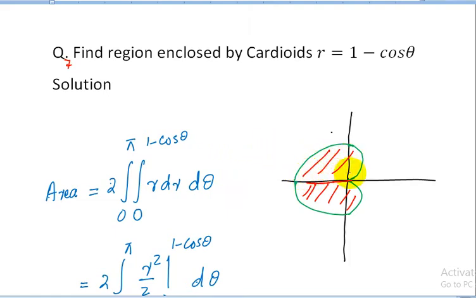So here we see that theta varies from 0 to pi, and this region is bounded by r equal to 1 minus cos theta, and in this region r starts from 0 to 1 minus cos theta.